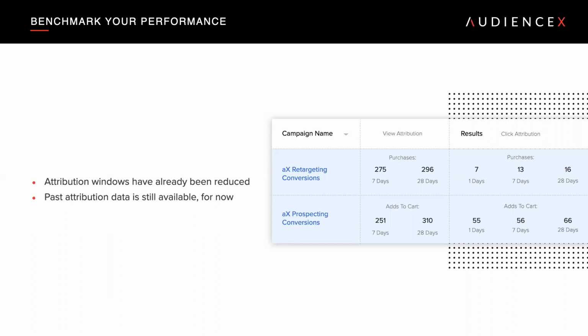So these 1, 7, and 28-day attribution windows are still available in the platform. You can find them by going to your column customization setting. And if you scroll to the bottom right, you'll see the checkboxes where you can get these attribution windows to appear in your grid.